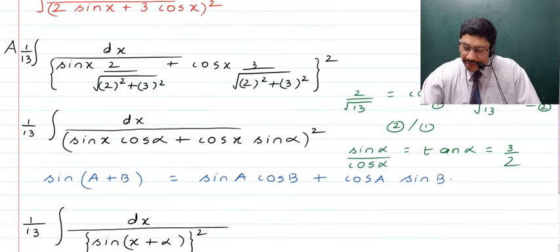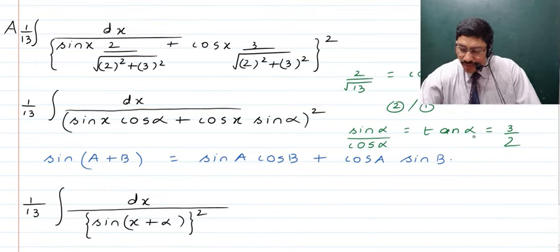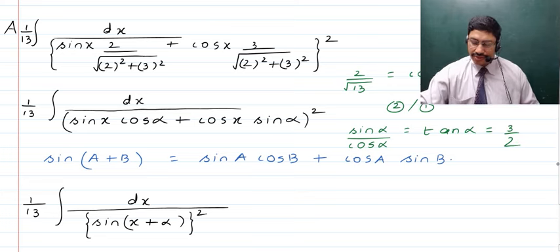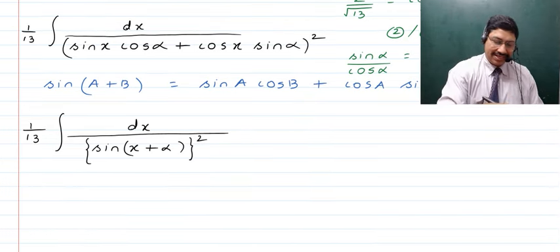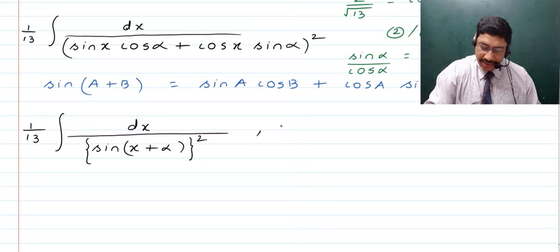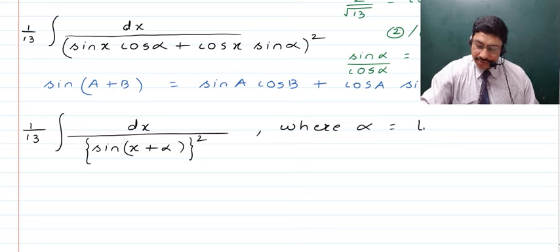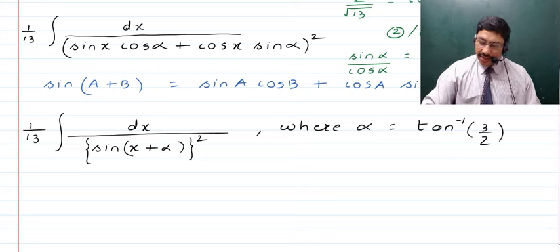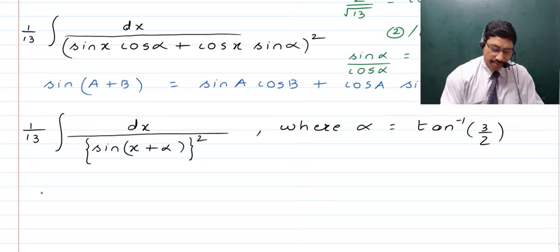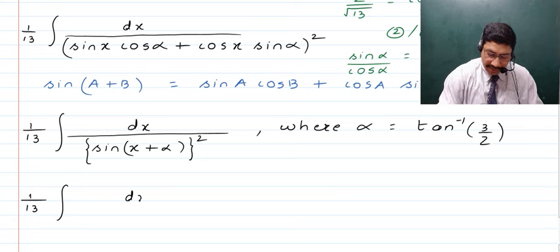Now children, we can also say that alpha will thus become equal to tan inverse 3 upon 2. So this is the thing that you will write here, where alpha is equal to tan inverse of 3 upon 2. Now children, after we have this, next we will write this as 1 upon 13 times the integral of dx divided by sine square x plus alpha.